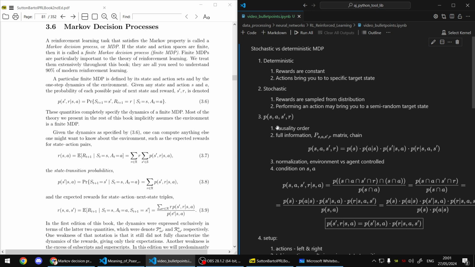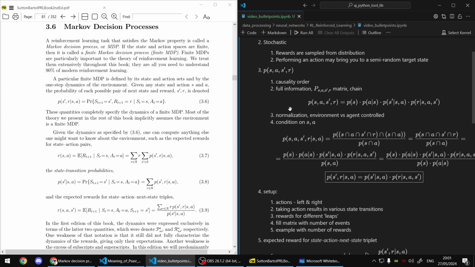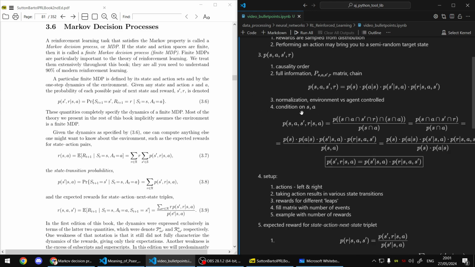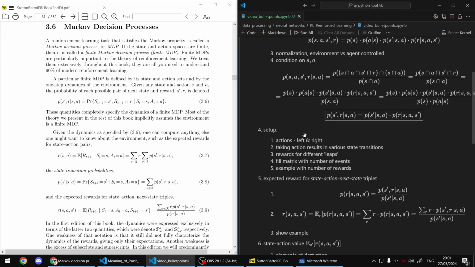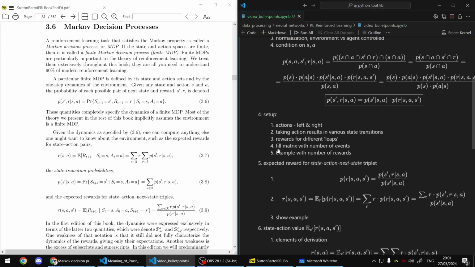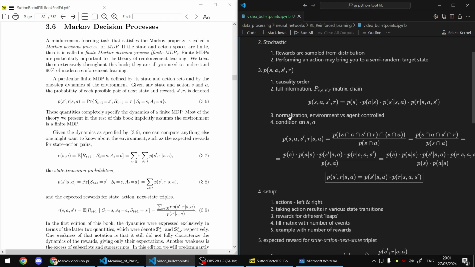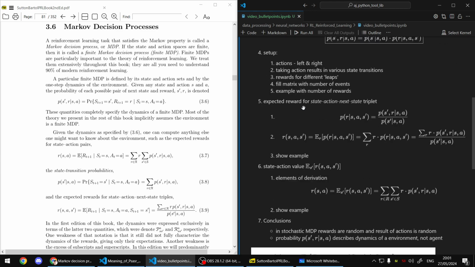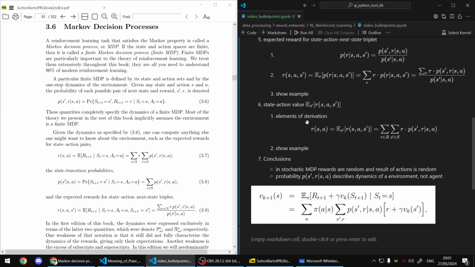And then I will introduce this joint probability. I will show you some examples, one example in my code, which shows you how this stochastic stuff can appear, basically. We will derive some stuff, and that's pretty much it.